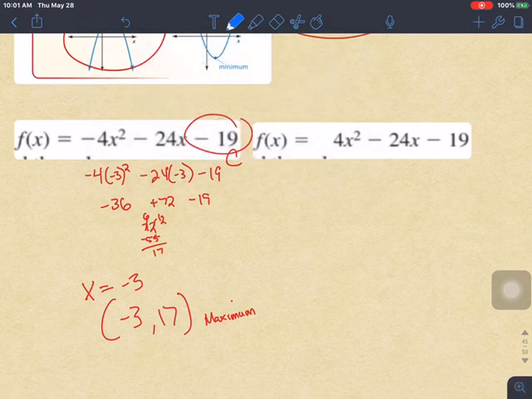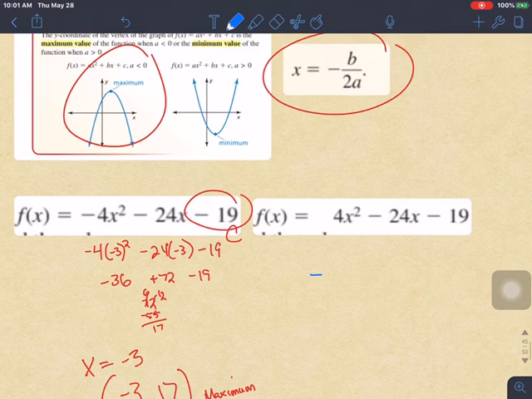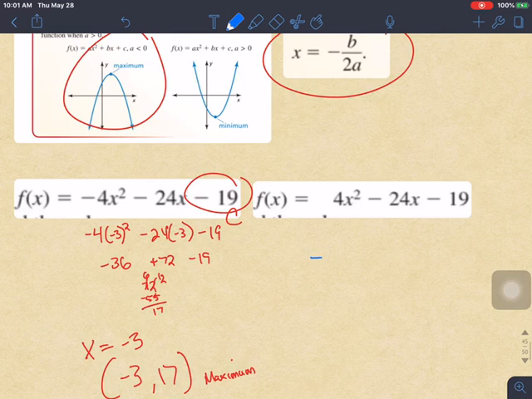Let's see. We have the opposite of B, so that's negative 24, divided by twice A. That's 2 times 4. So we have 24 over 8, which is 3.